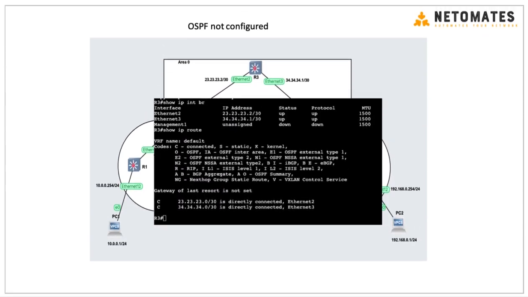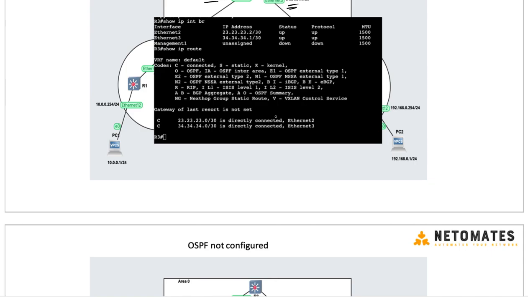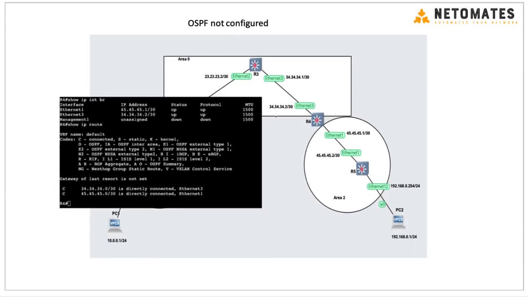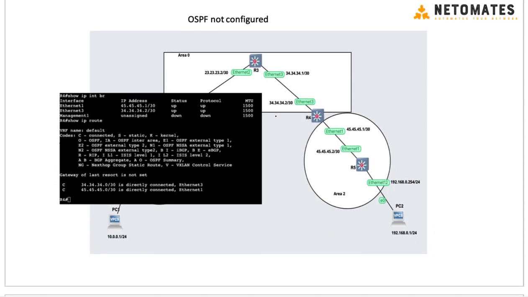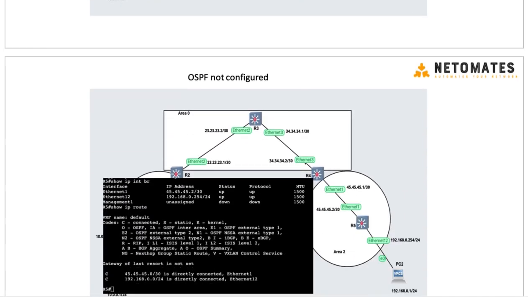Same for R3. R3 has two connections, one to R2, so it should be 23.23.23.0, and one to R4, so it will be 34.34.34.0. R4 has one connection to R3 and one connection to R5, so 34.34.34.0 and 45.45.45.0, only two routes.